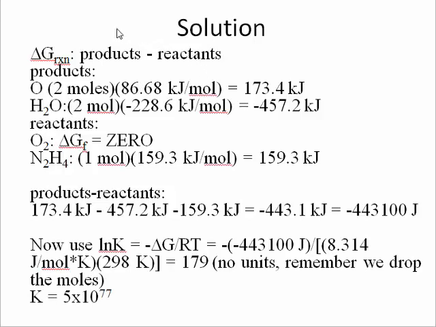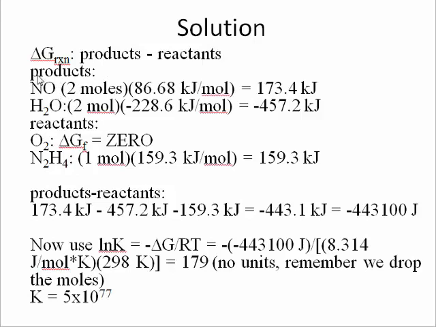All right, the delta G calculation is a products minus reactants calculation. NO and H2O are the products, and there are 2 moles of each of those. We find delta G values for these in data tables. Here are the corresponding values for the products in kilojoules. For the reactants, we again neglect oxygen because its free energy of formation is 0.